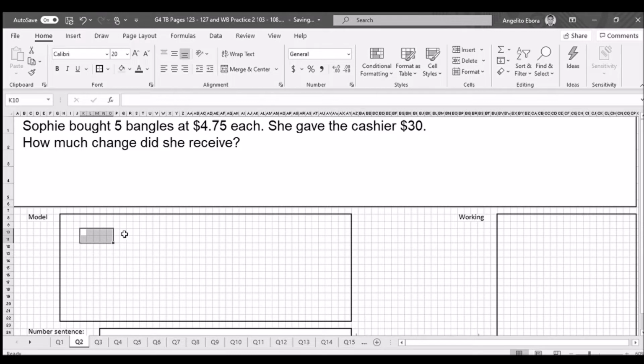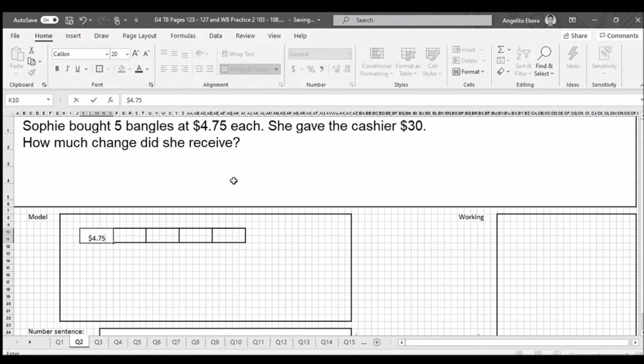So copy, paste, 3, 4, 5. Okay, and each bangle costs $4.75. Okay, that's better. Okay, she gave the cashier $30. How much change did she receive?